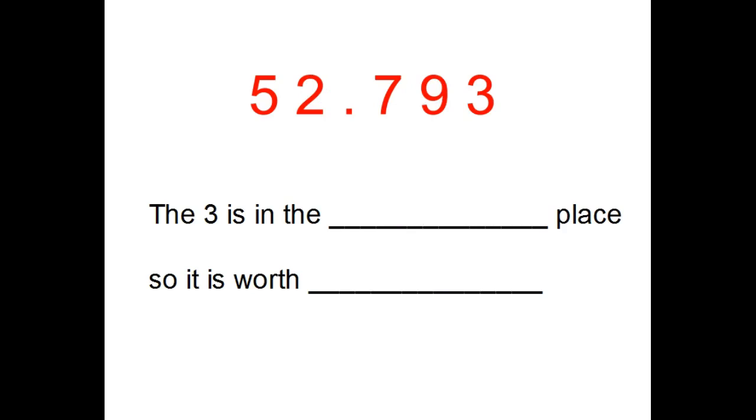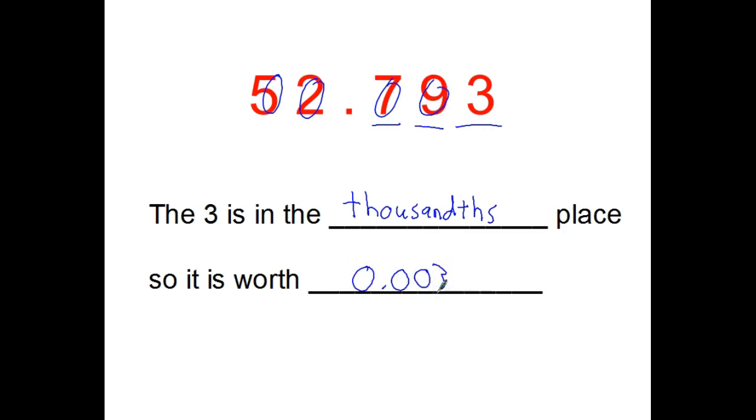I got the 3, tenths, hundredths, thousandths. And then whack-a-mole. You might have noticed I did, since I have a 0 chunk for my whole number part, I only put 1 0 down.